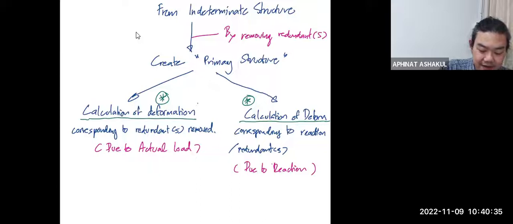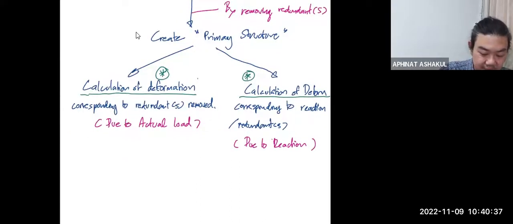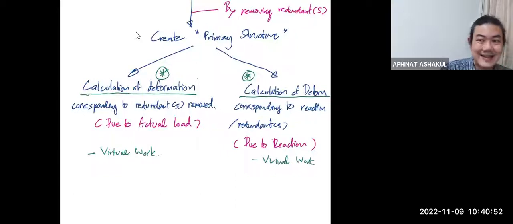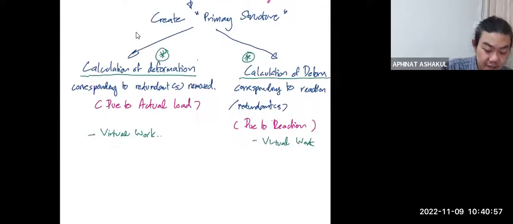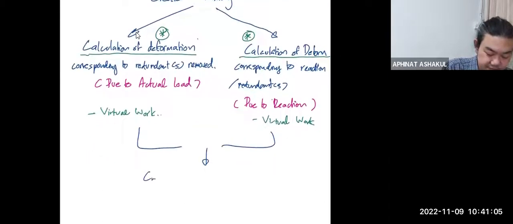Now, keep in mind that when you have two sets of deflections, this is generally done by virtual work, maybe. That's right, and virtual. So your work here is like double, because you have to calculate the two sets of deflection before you can bring them together and create what we call the compatibility equation.